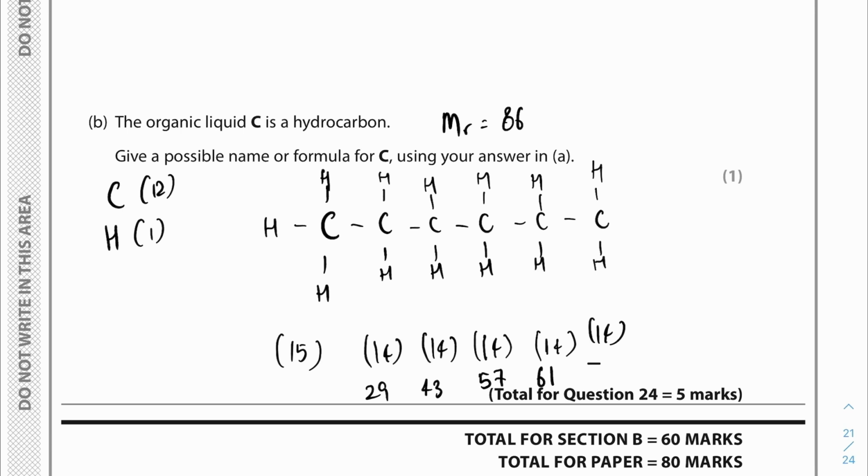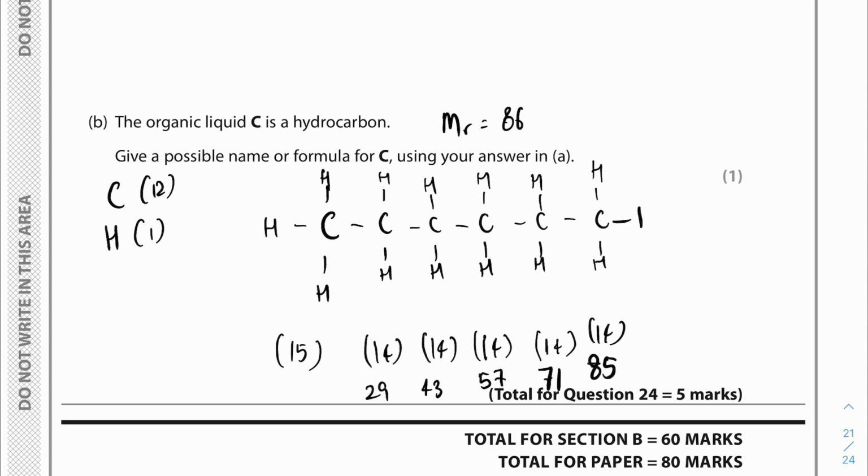So 15 plus 14 is 29, plus 14 is 43, plus 14 is 57, plus 14 is 71. See, I made a mistake earlier. That's 71. Add another 14, you get 85.